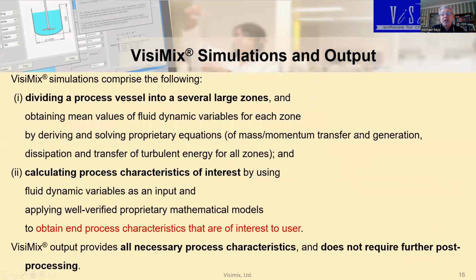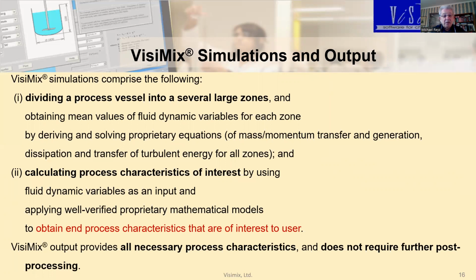Let's move to the next slide and talk about Visimix simulation and output. Visimix simulation comprises two steps. As the first step, the process vessel is divided into several large zones. And at this step, we obtain mean values of fluid dynamics variables for each zone by deriving proprietary equations of mass, momentum, or heat transfer, and generation, dissipation, and transfer of turbulent energy for all zones.